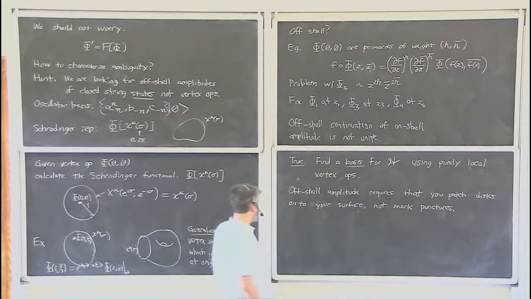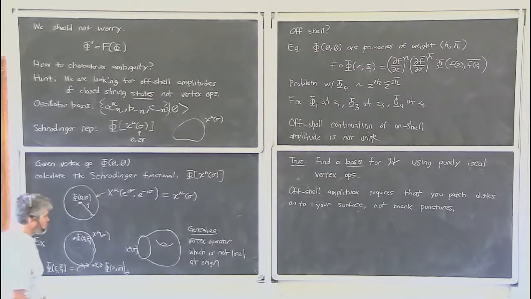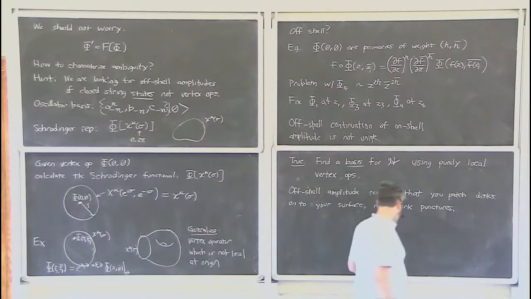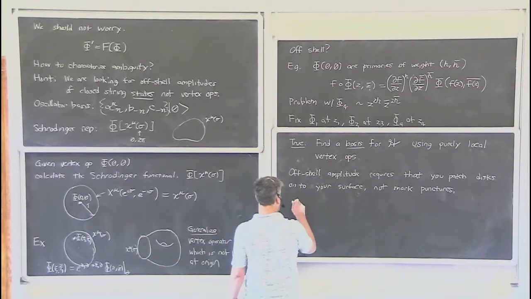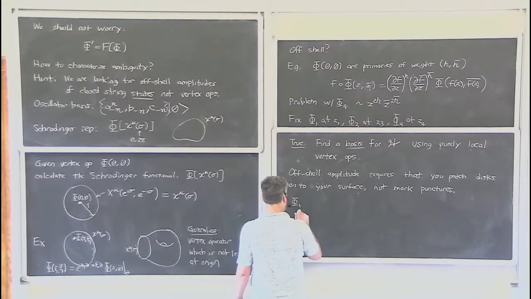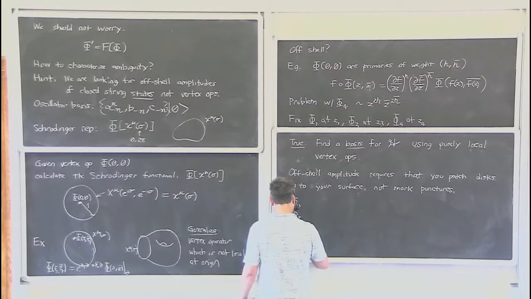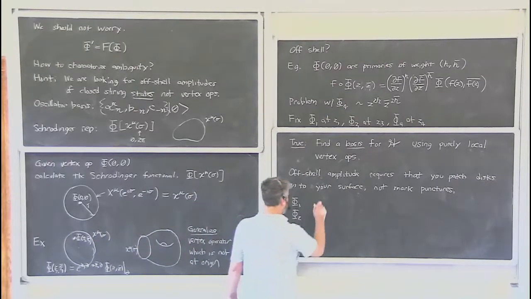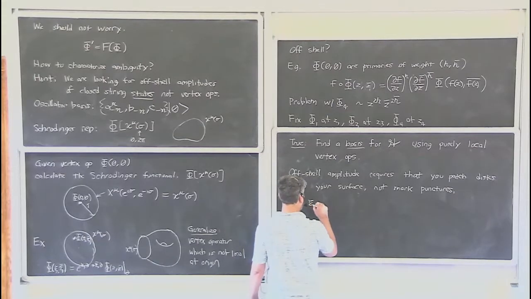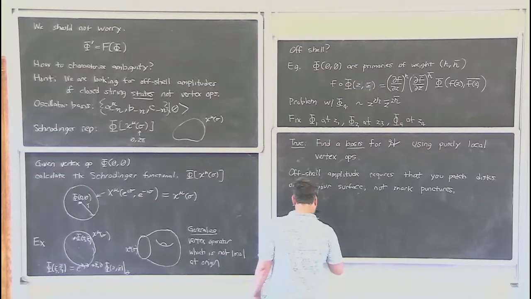Okay, so returning to the 4-point amplitude off shell. What we need is, we have 4 states, phi 1, phi 2, phi 3, and phi 4. And each of these states will have their own unit disk, which is parameterized by some local coordinate, which I will call xi1, xi2, xi3, and xi4.